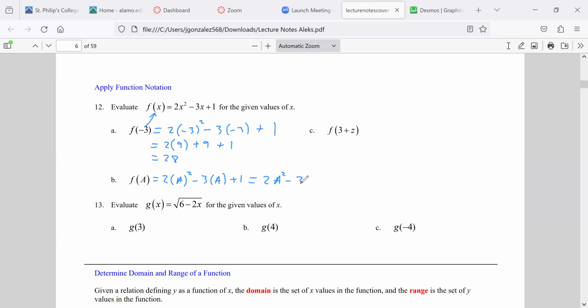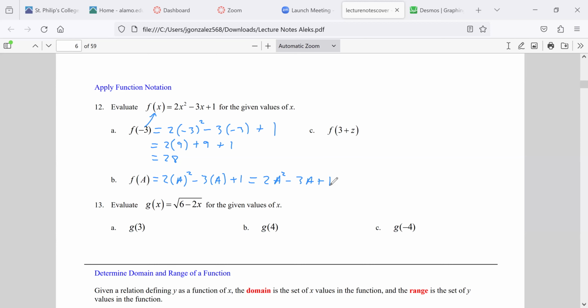Just put it there. Done. Does that make sense? So if it was a B or C squared, just put it in. Don't worry about it.